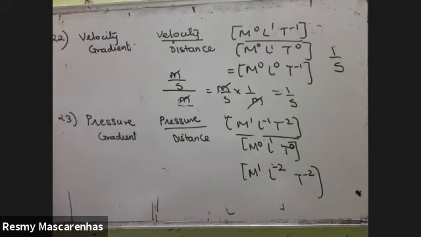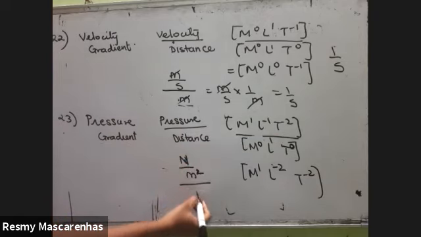Then calculate the unit. This is Newton upon meter square, and the unit for distance is meter. Here you don't cancel now. What is going to happen? If nothing is there, it means 1. So Newton upon meter square will be taken, and the meter will go down and become 1 by m.